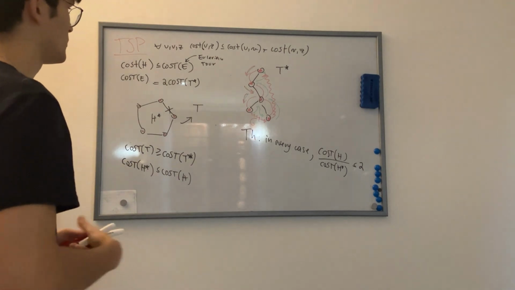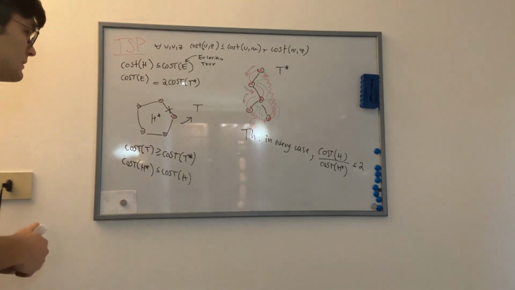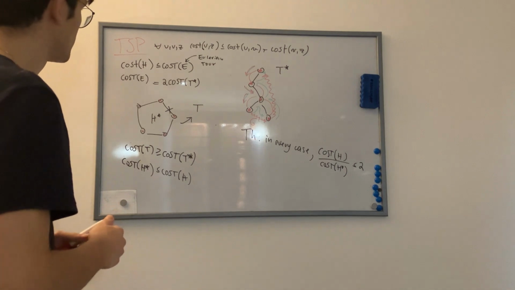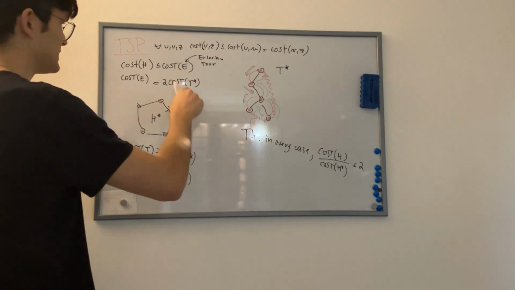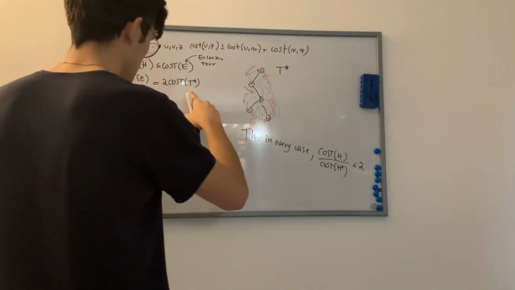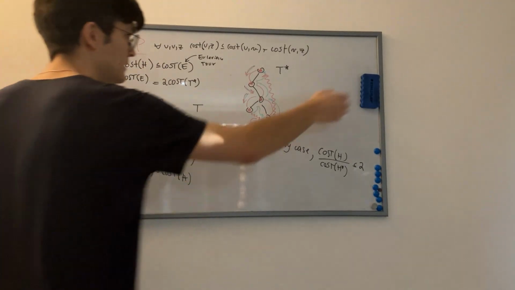So now we can sort of put together all of these things. So we have that the cost of E is exactly twice the cost of T star. Well, actually we don't need this.